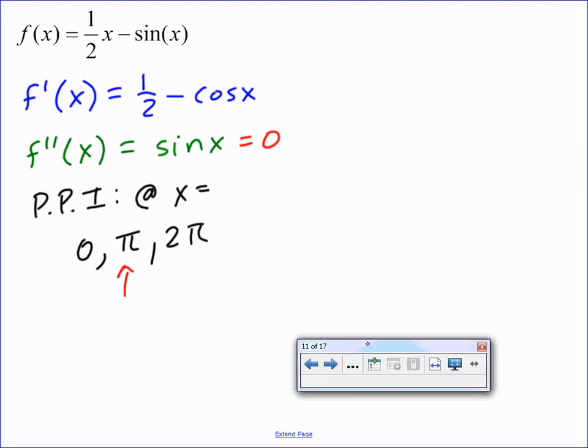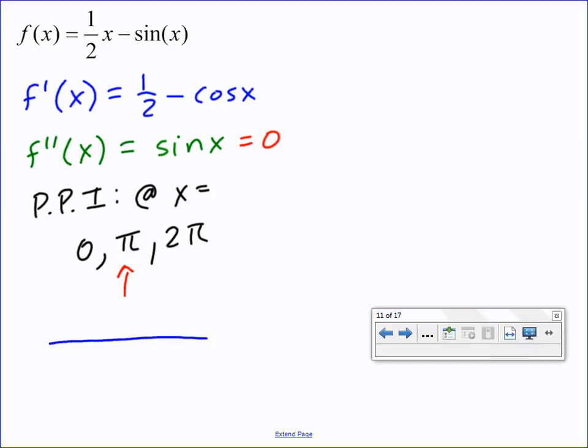So when I go to do my f double prime, I'm going to cap it at my endpoints, so I won't have to do a sign test on either side. Pi is right in the middle. Let's do it. Convenient x value in between 0 and pi. How about pi over 2? Sine of pi over 2 is 1, so that's positive. 3 pi over 2, the sine of 3 pi over 2 is negative 1, so negative.